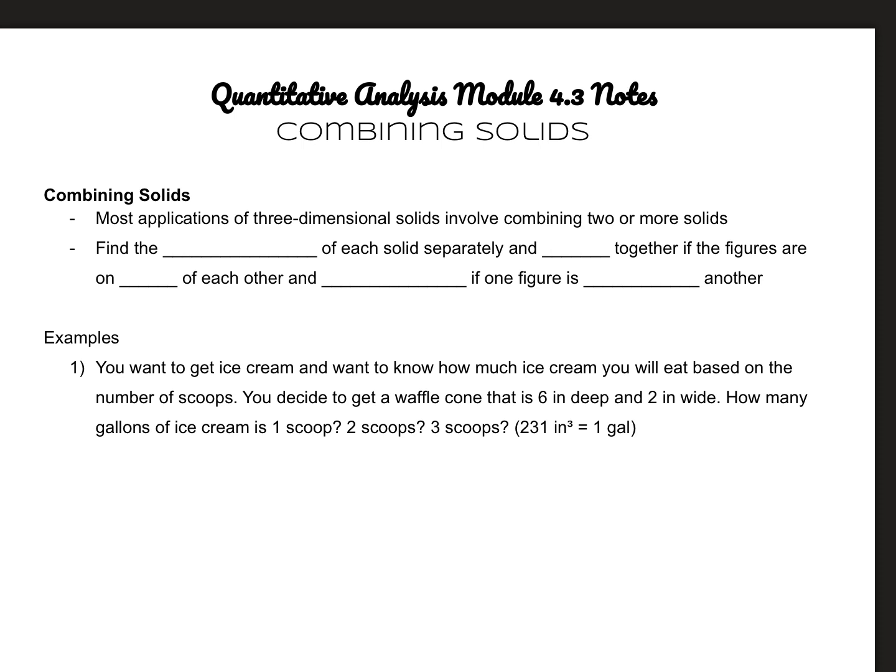All right, so a lot of applications of three-dimensional solids involve combining two or more of them. So if you're talking about volume, you find the volume of each solid separately and add together if the figures are on top of each other, and subtract if one figure is inside another.